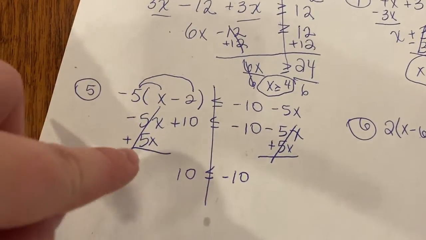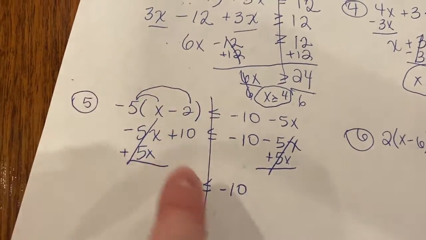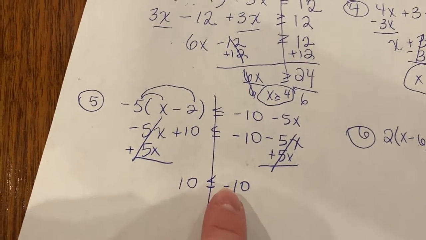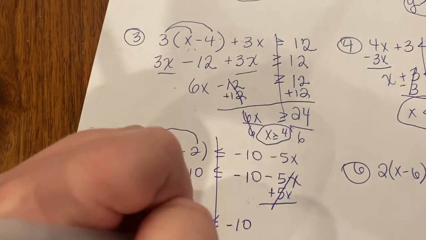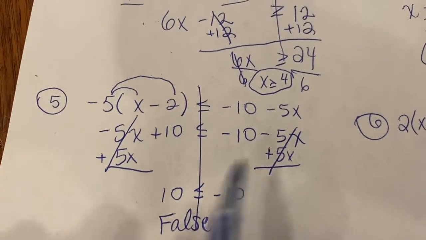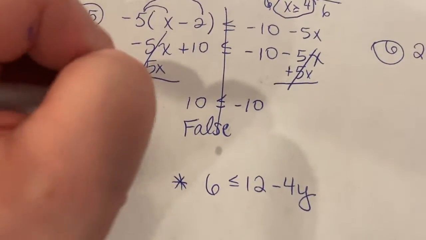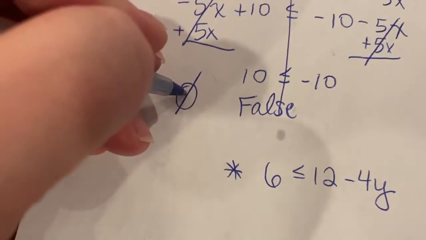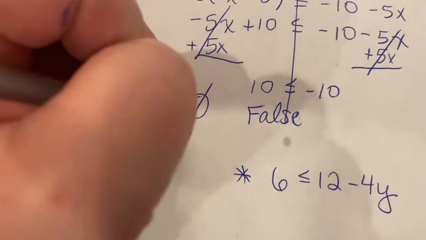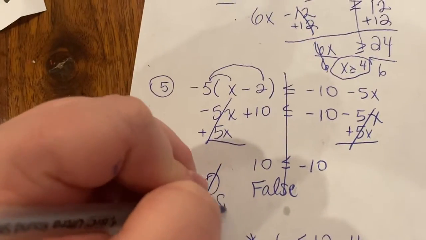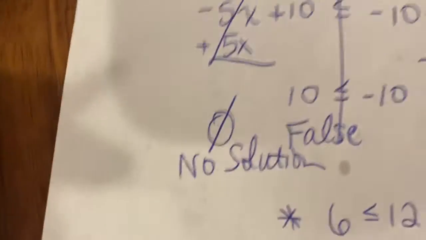So if your variable cancels and you come up with a statement left over that is false, I'm going to write down false. You don't have to do that, but this is just a reminder. The variable canceled, I get a false statement. That means that there is no solution. So you can use this symbol, which means no solution. It's called the empty set. Or you can say no solution. That means no solution. Okay?